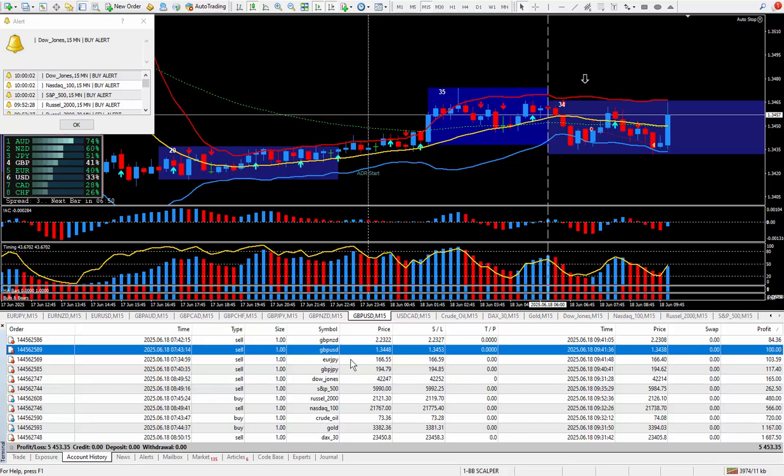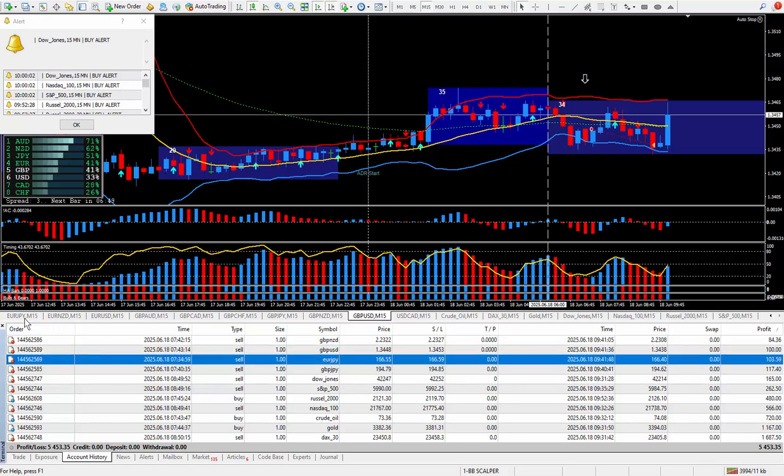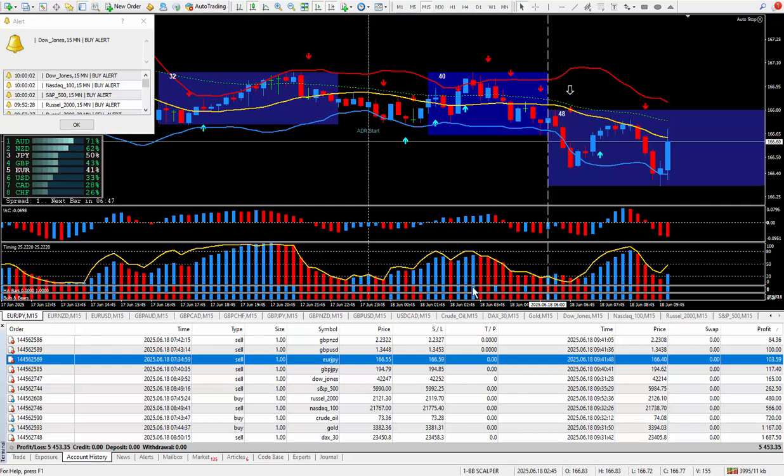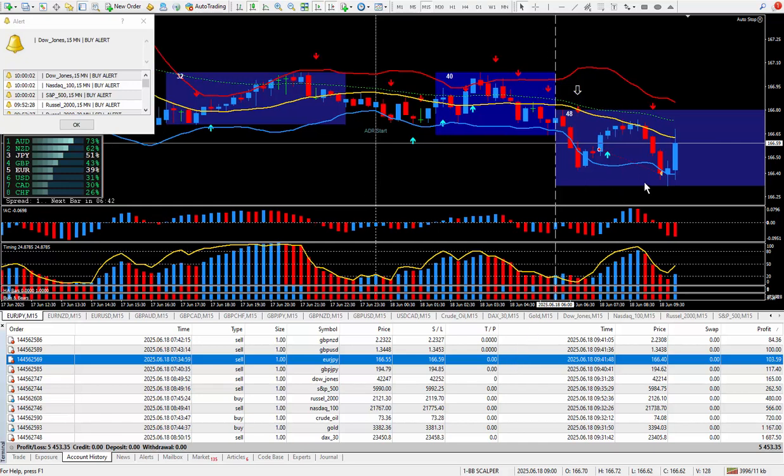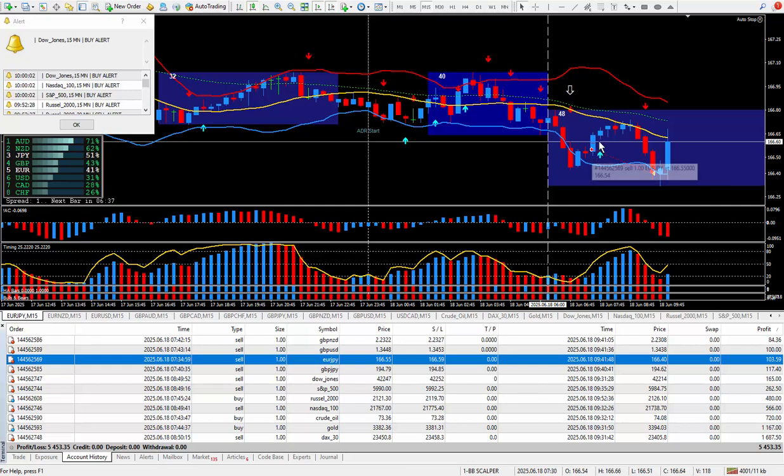Okay, let's move on to the next trade I did, which is Euro Yen. Wanted to be selling it, arrow from the daily trade plan. Let's see where I got in at. Drag and drop this up. Got in here. I knew there was a chance it could do a pullback, but that didn't bother me. I knew it was going to do one more cycle.